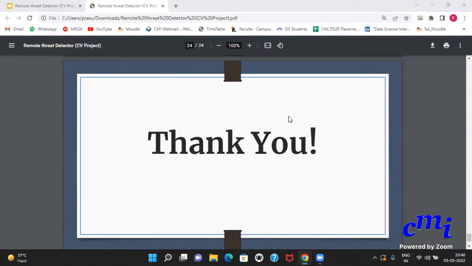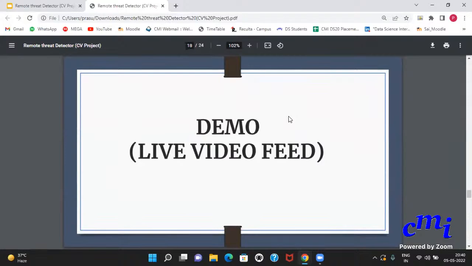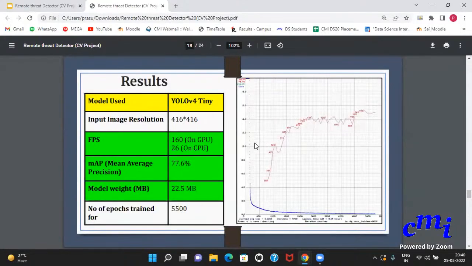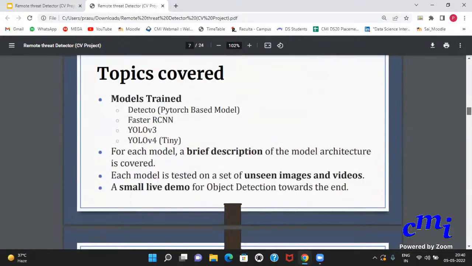So you did speak about resolution earlier. What is the resolution of these images on average? Yeah, they were of different resolutions, and we faced a lot of challenges around it. You can see that the input image resolution here is 416 by 416 for YOLO. So YOLO automatically scales all images to this, but the detector model was not able to scale well to all images.